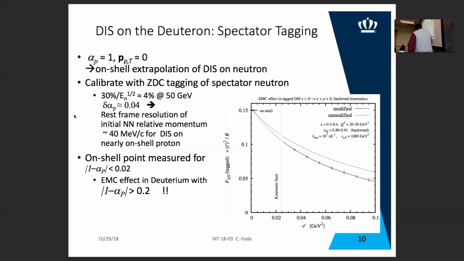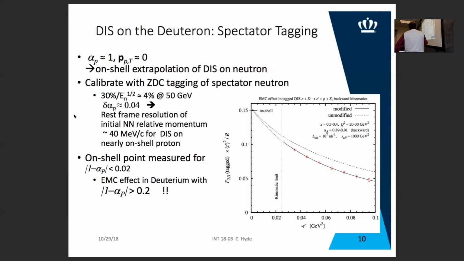So that corresponds to measuring alpha to a precision of 0.04, or the rest frame momentum of the active proton in the deuteron to a precision of 40 MeV/c, which is much better than anything like that has been done before.